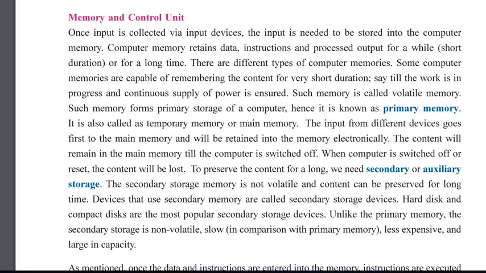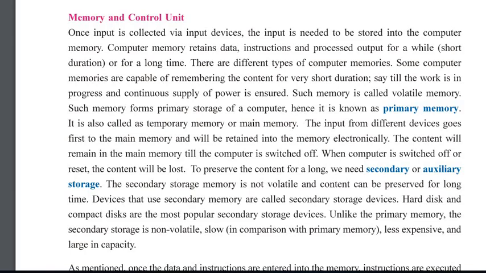But if you are using data only temporarily, and you do not need it in the future after completing the process, you can use the primary memory, because primary memory is lost when you switch off your computer. Clear? Some computer memories are capable of remembering the content for a very short duration.